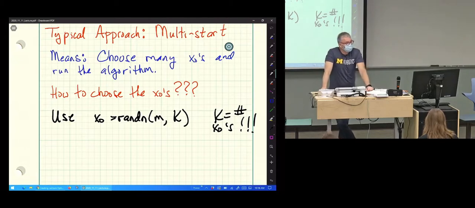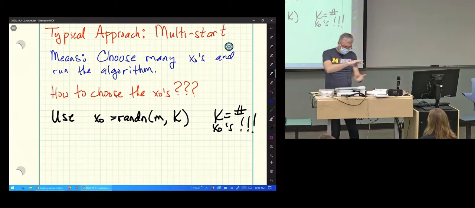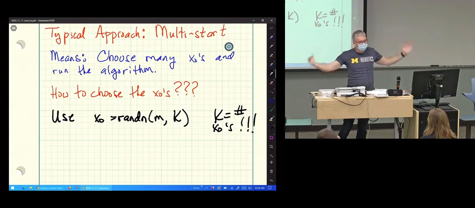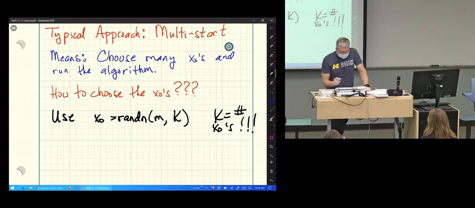Why random? Because on most problems you don't have a better way to generate it, okay? Now if you have physical insight to the problem and you can bound it because of some reasoning, you can really get your search area down much smaller. You'll get there a lot more quickly, okay?